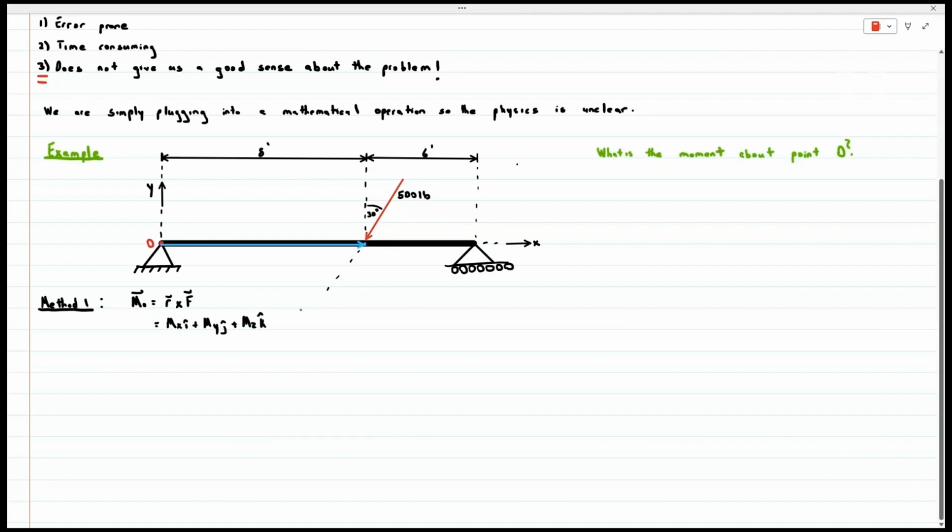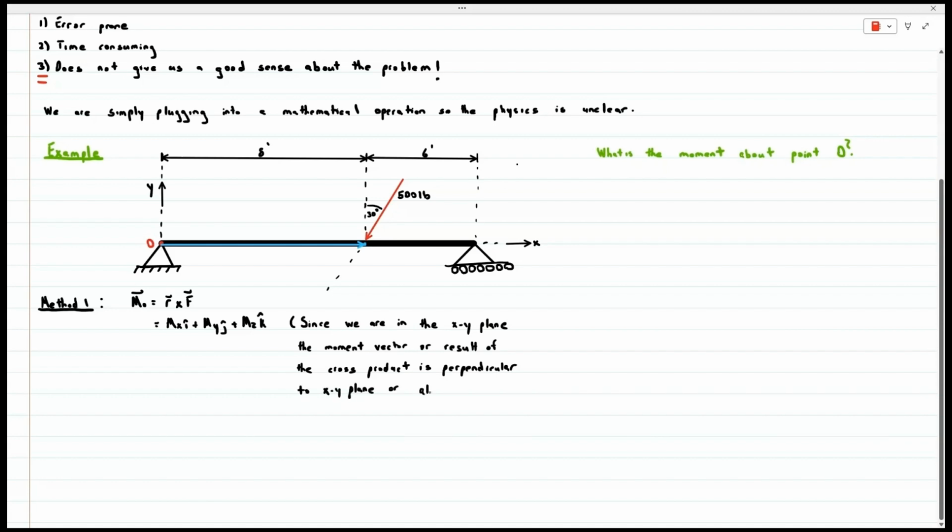The moment could be three-dimensional, but since we're in the xy plane, the result of the cross product is always going to be perpendicular to the xy plane, or the z direction. So technically, the cross product is one-dimensional here. It only has a z component because it's along the z-axis. This is an important idea. For two-dimensional problems, the moment is always only along the z-axis.